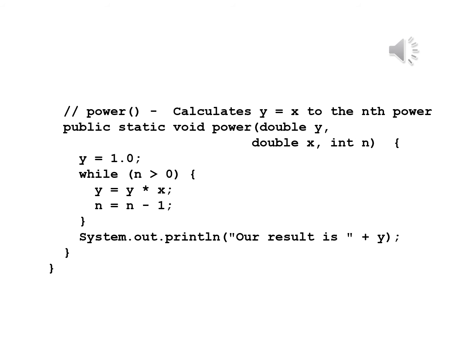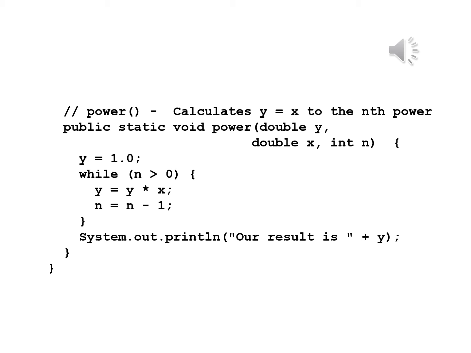We begin the method power by writing a comment. Power calculates y equal to x to the nth power. The header, public static void power, open parenthesis, double y, comma, double x, comma, int n, close parenthesis, open brace.